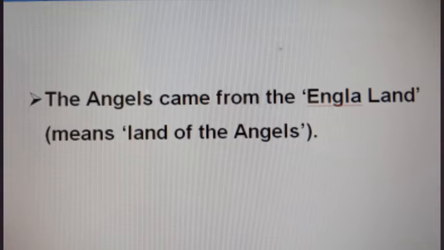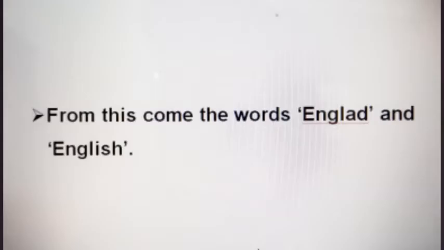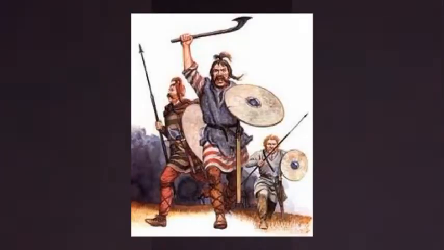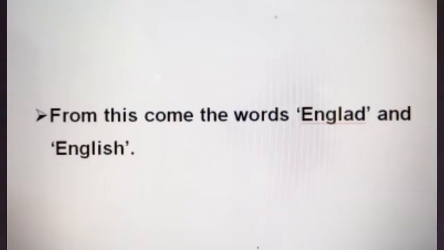So the land was called Angla land, and they were speaking a language that was English. From the word English used by the Angles come the words England and English.